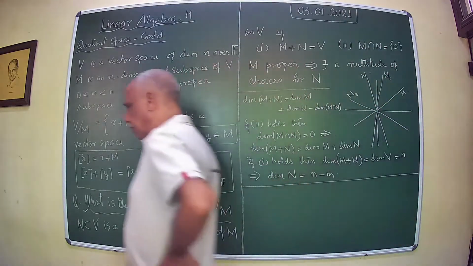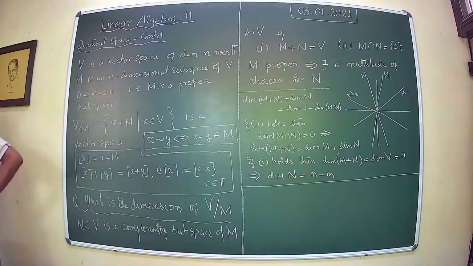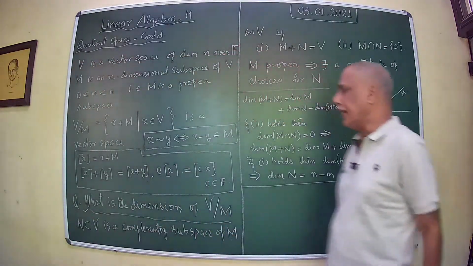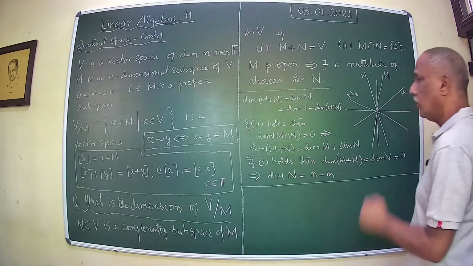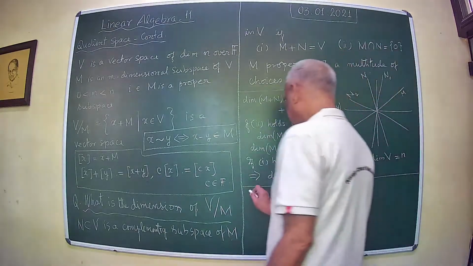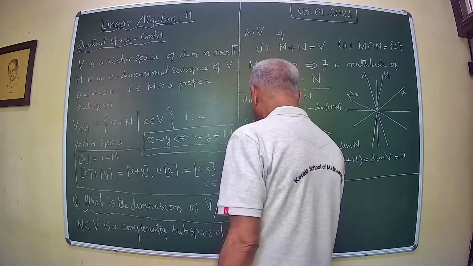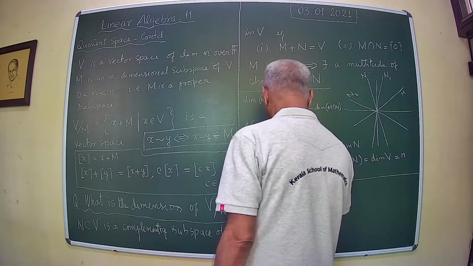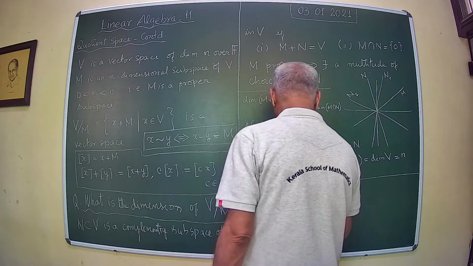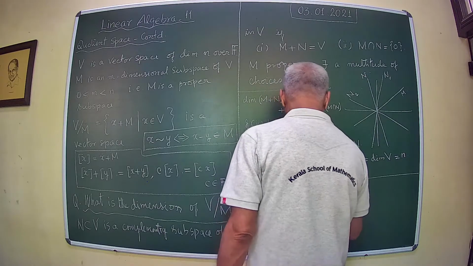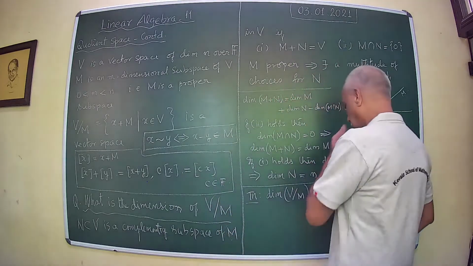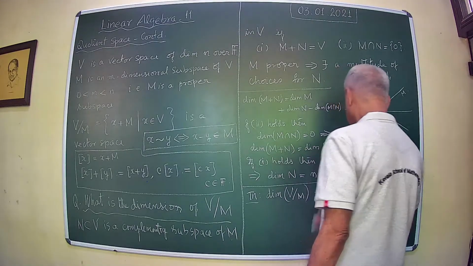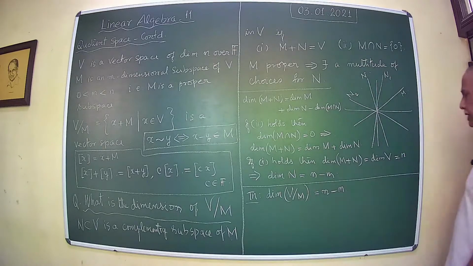So what we are going to prove is that the dimension of V by M is equal to n minus m.